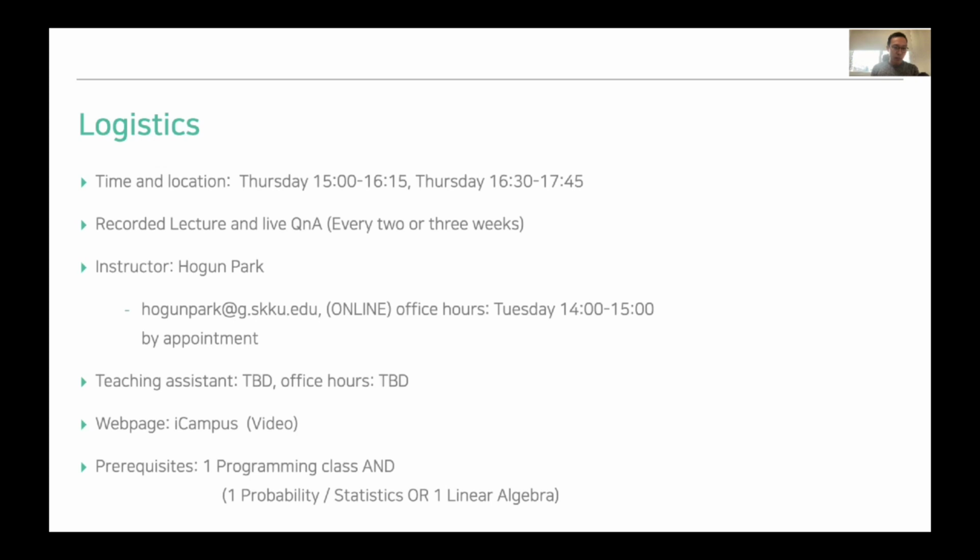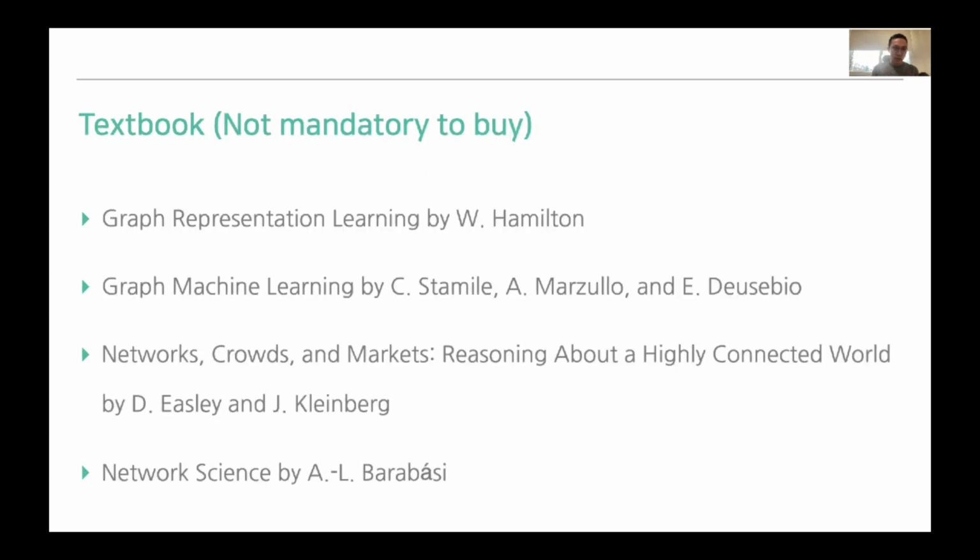And we have prerequisites. You had to take at least one programming class and one probability or linear algebra class. So this is mandatory. And here are 4 textbooks.